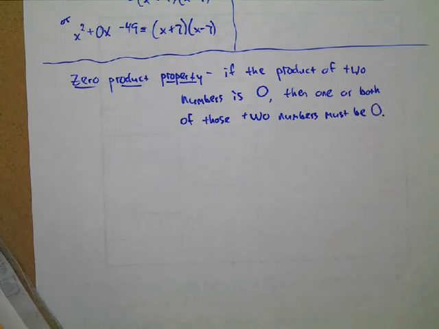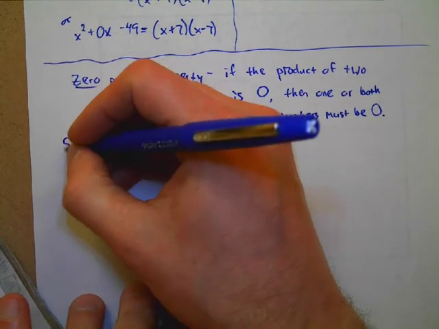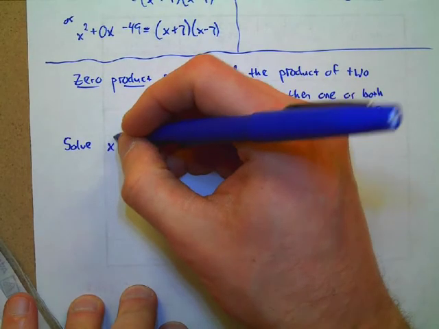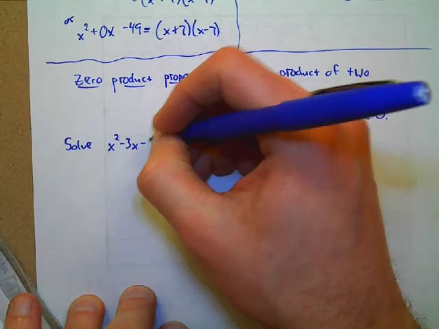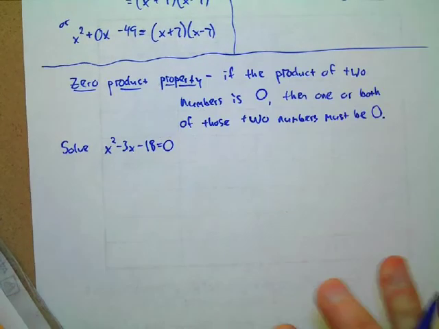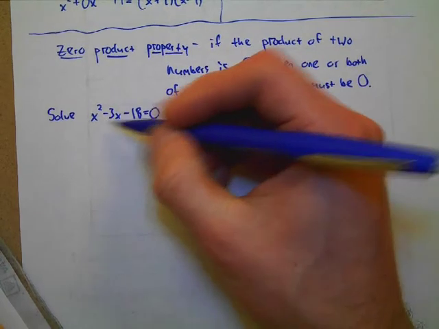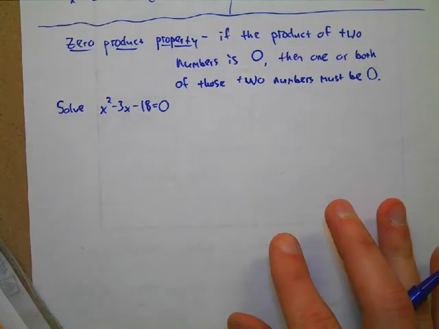How does that help us, Mr. Witt? Well, we just did it, right? Is this a product? Is this two things multiplied together here? Yes.